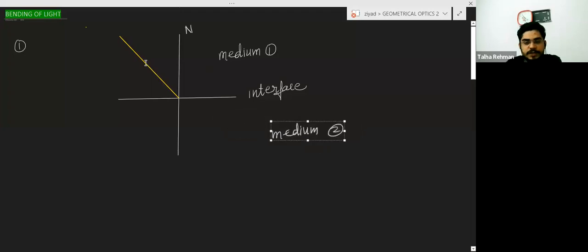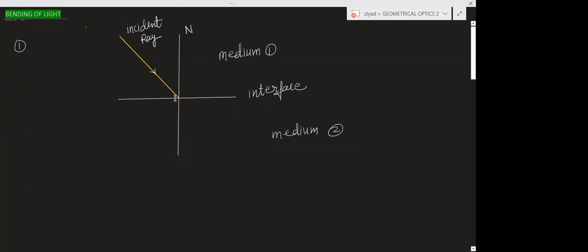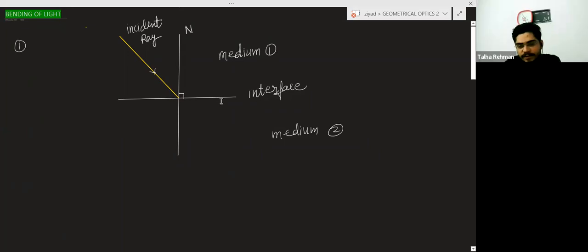So medium 1 and medium 2, and this is the incident ray, and this is the normal. The normal makes a 90-degree angle with the plane surface.